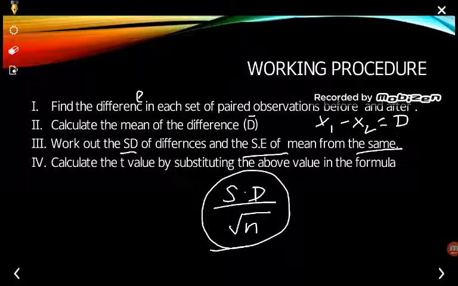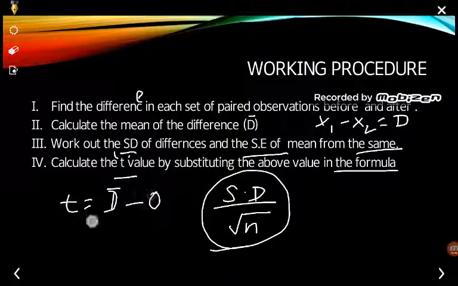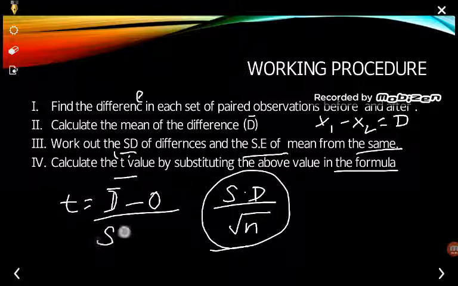Next we have to calculate the t value by substituting the above values in the formula. So t is equal to d-bar, the mean of d, minus 0, divided by standard deviation by square root of n.